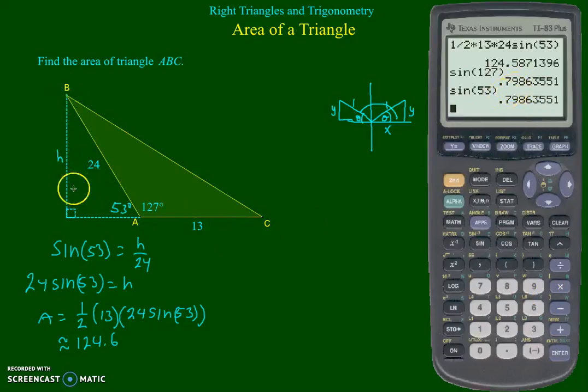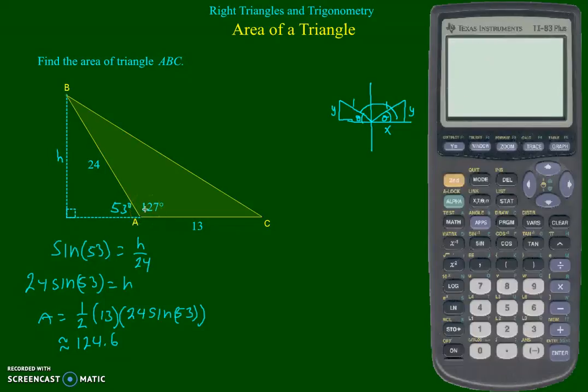So because we were dealing with this y, we could have used the 127 and we didn't have to do the calculation for 53. But it's a lot clearer when we do that, so you can exercise your discretion at this point and use whichever one you wish. I just consider it an interesting artifact that the sine of supplementary angles have the same value. Let's move on to the next section.